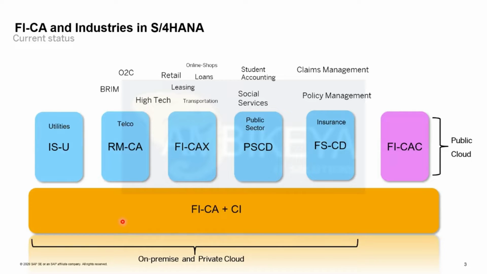They are both in the same software layer, and therefore convergent invoicing and FICA can be used in all of those industry solutions, which you can see here as blue boxes. And in a customer system, it's always only possible to activate one of those industry solutions which are sitting on top of FICA.